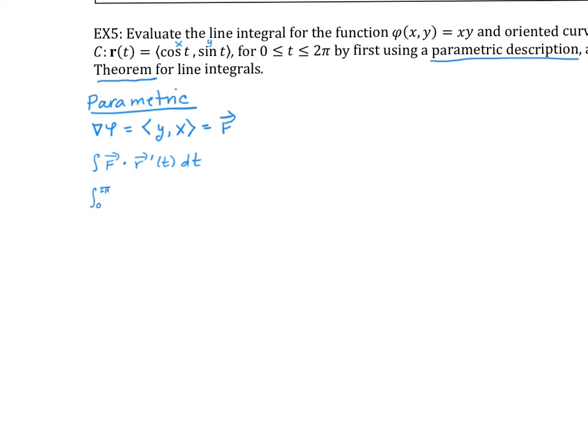So y comma x would be sine, cosine. The derivative of r is going to be negative sine, positive cosine.